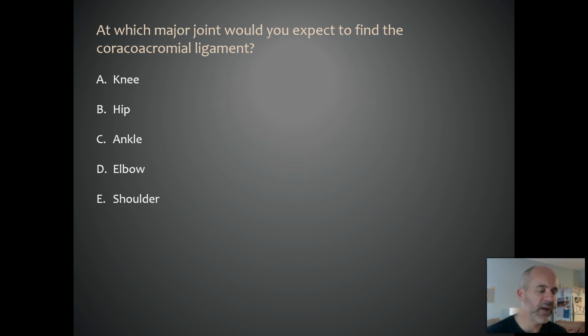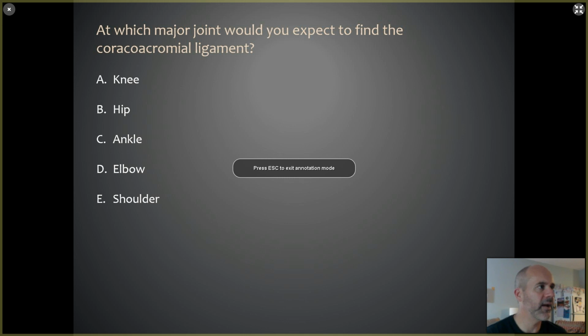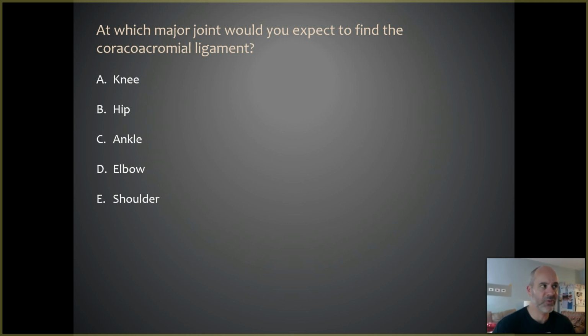Here's a question that you can figure out if you have studied your skeletal anatomy well, and you can recognize the parts of words that are being used here, what word roots are being used, and deduce where something would occur. At which major joint would you expect to find the coracoacromial ligament?